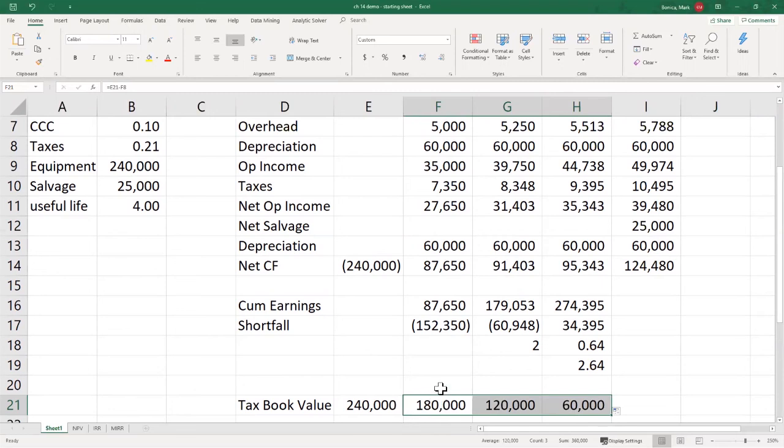What we're doing is subtracting from the original purchase price. Each year we're getting some depreciation, and we're lowering the book value of the asset, so that when we go to sell it at the end of year four, it has no book value.